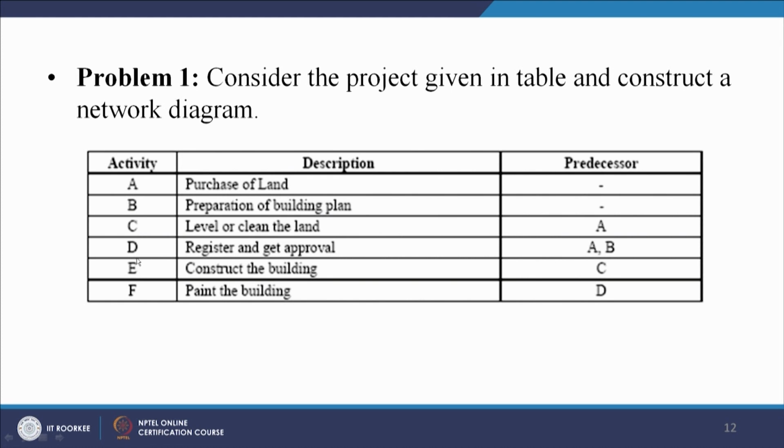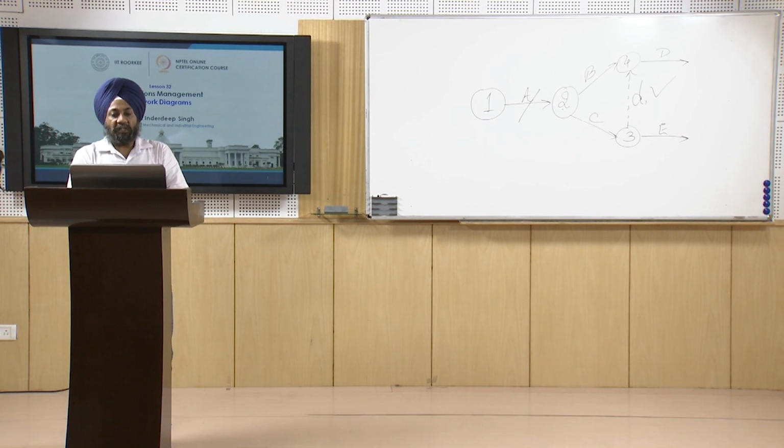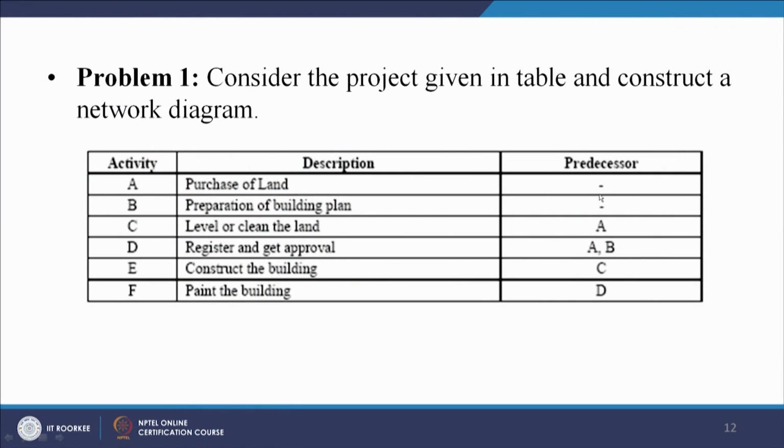A, B, C, D, E, F, and the description is also given: purchase of land, preparation of building plan, level or clean the land, register and get approval, construct the building, paint the building. This is just for construction of a house. The overall work has been divided into 6 activities, and here we see there is a precedence relationship.